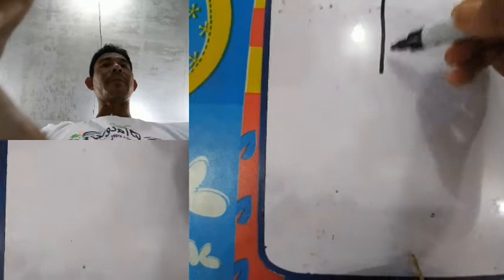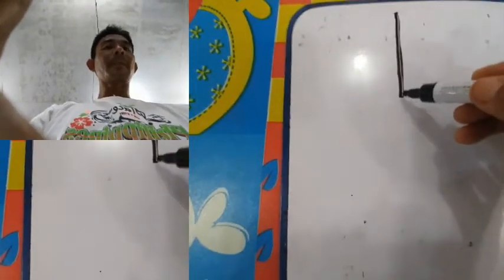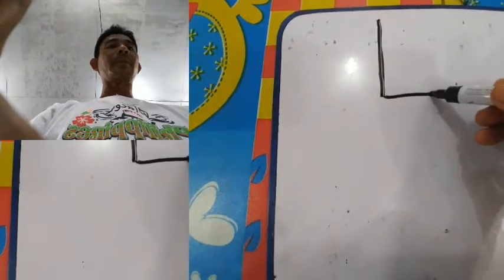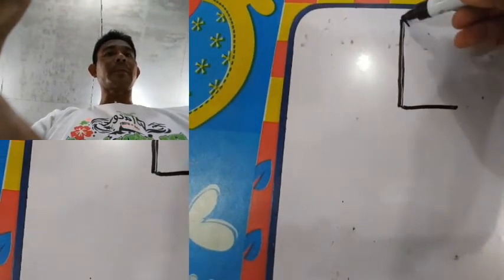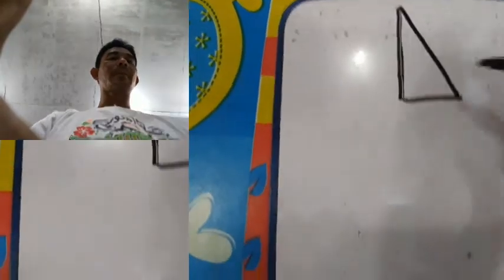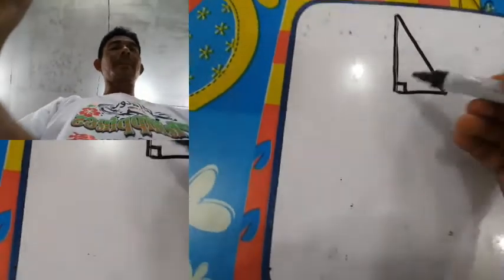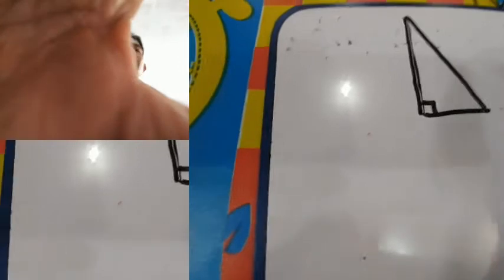This is the wall, this side represents the floor, and this side represents the round bar. This symbol means the wall is perpendicular to the ground.